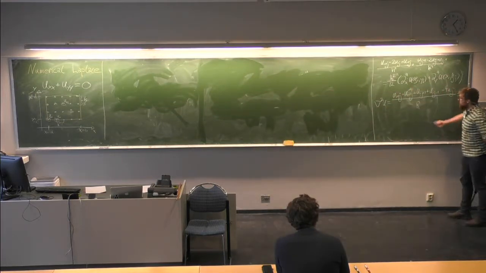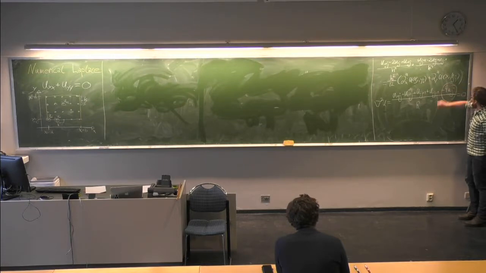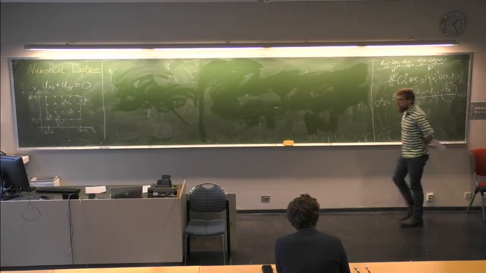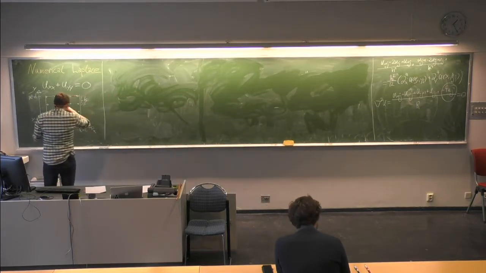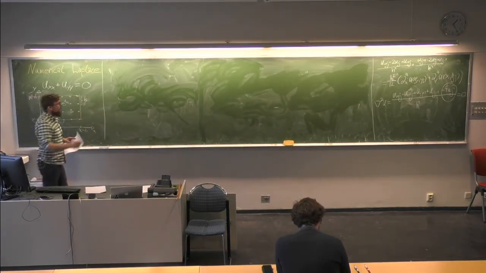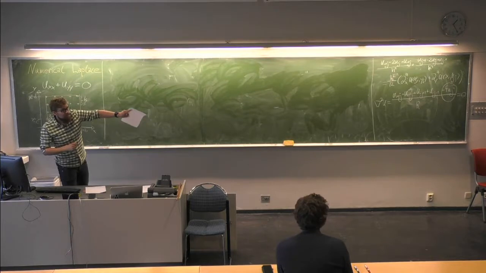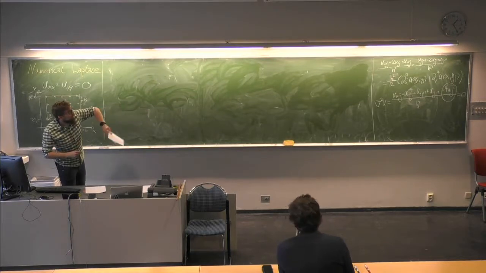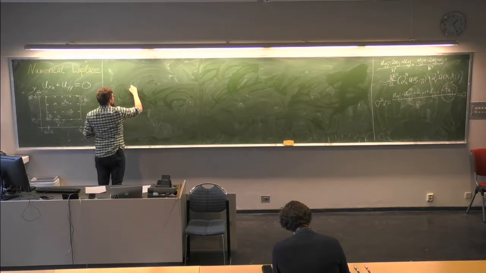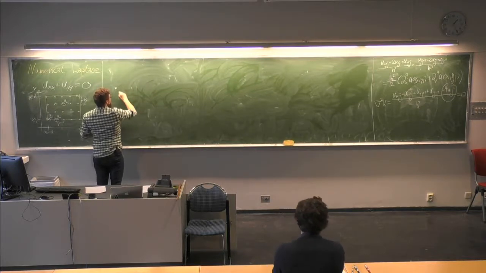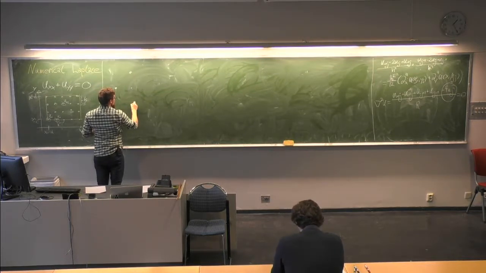So I can solve this equation for uij, and that should be trivial. When we do that, we get some kind of stencil, like a cross.